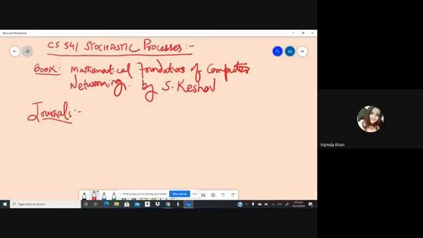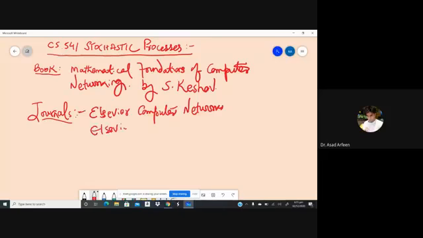aspects as well. So we will be having article reads from Elsevier, the same Elsevier, JNCA, Journal of Network and Computer Applications.